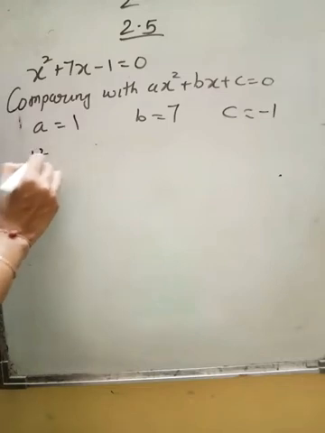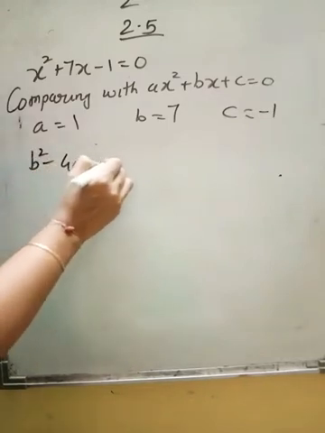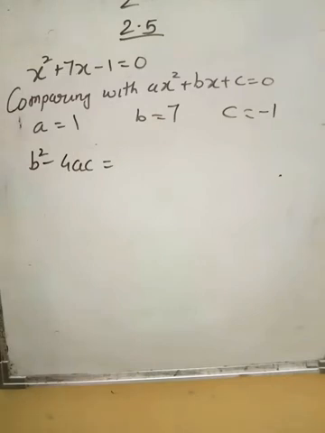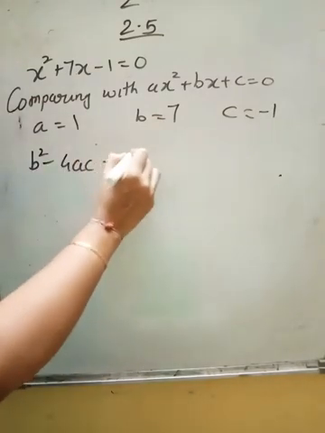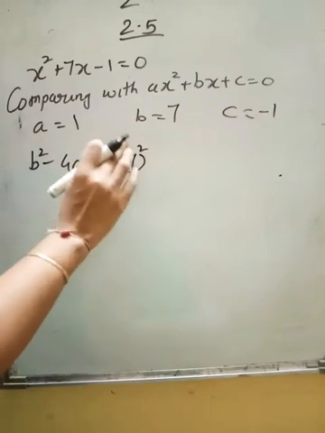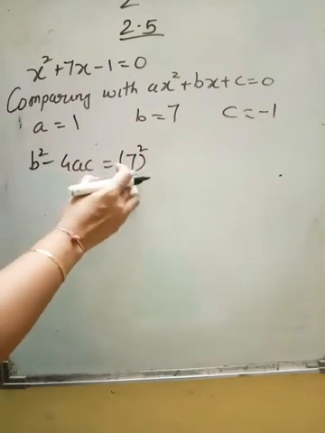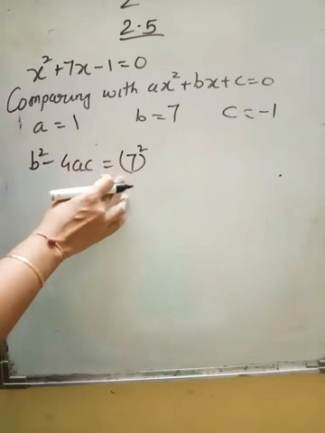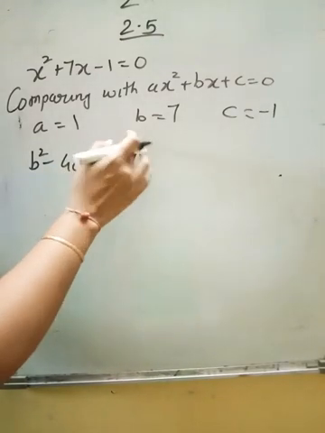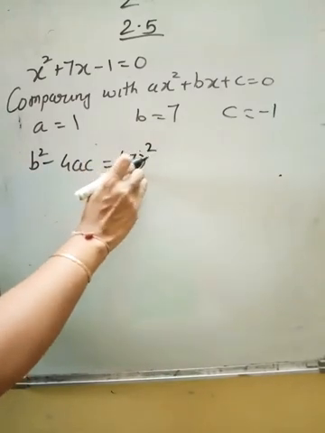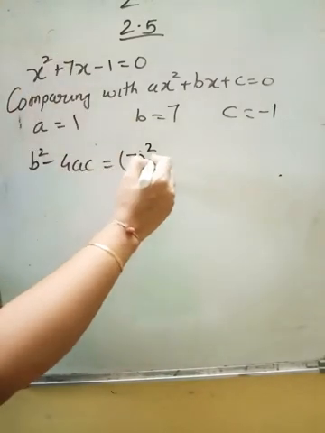b square minus 4ac is equal to 7 square. Please write the 7 in brackets because once the habit comes, you will write even the negative numbers in brackets. So make a habit of it because a negative number has to be written in brackets. So let us write the positive number also, no problem, as we are squaring.